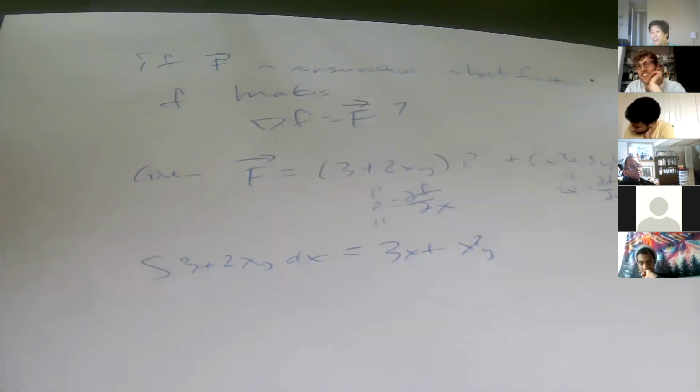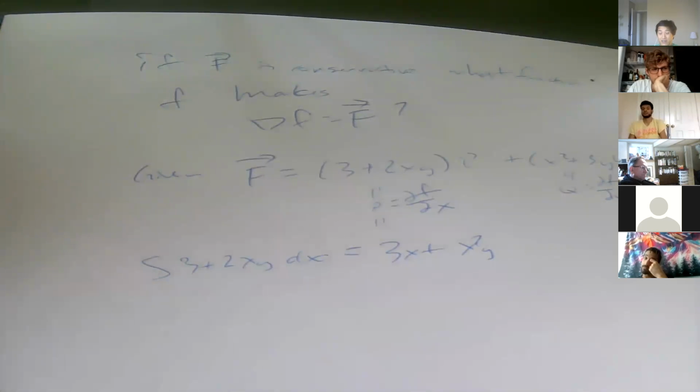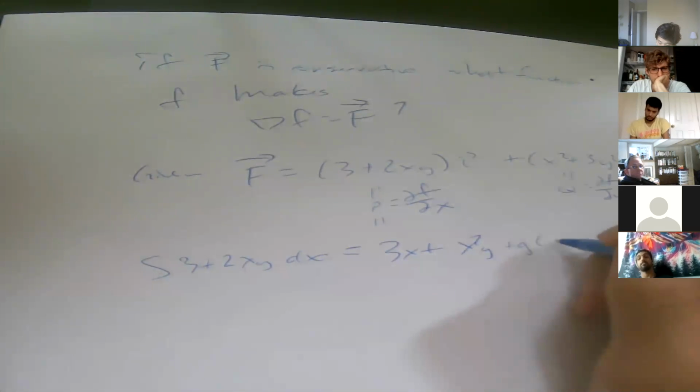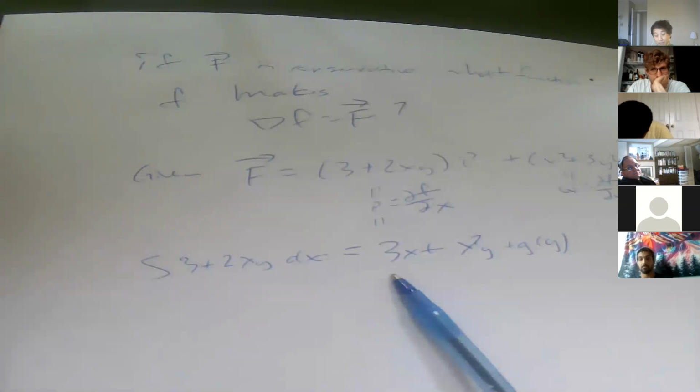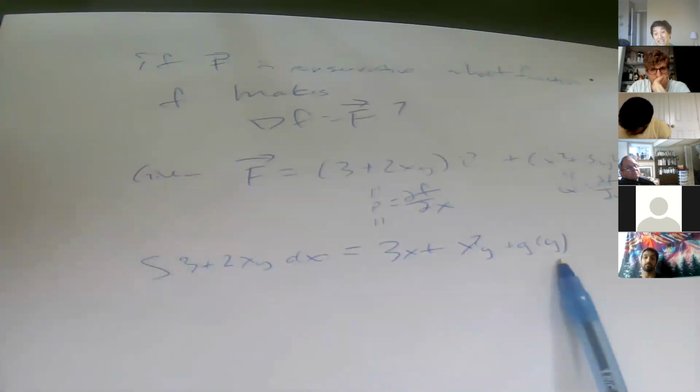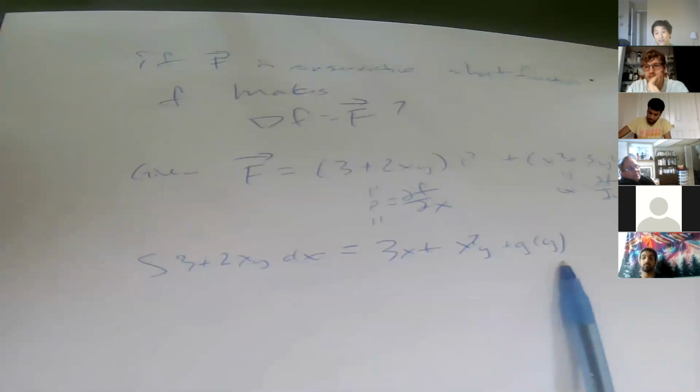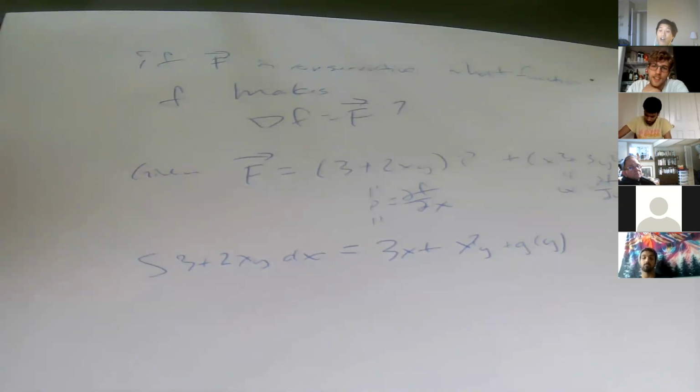But even more than that, it's a constant with respect to x, meaning this could be an entire function that has a bunch of y's in it. Because if I take the derivative again with respect to x, I get 3 plus 2xy. This has no x's in it, so it goes away. So when I integrate, I not only get a constant, but I get an entire function that doesn't have x in it.